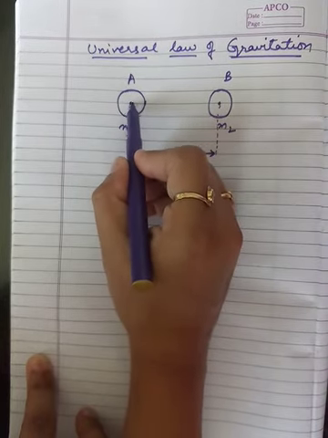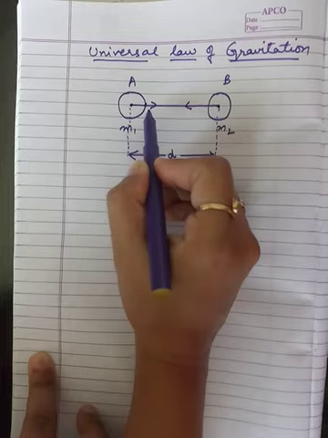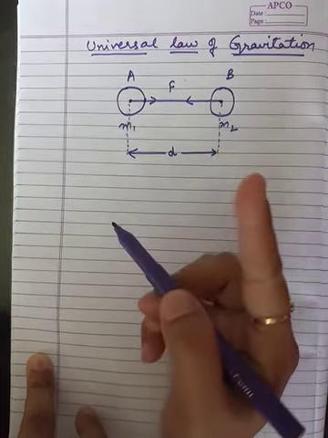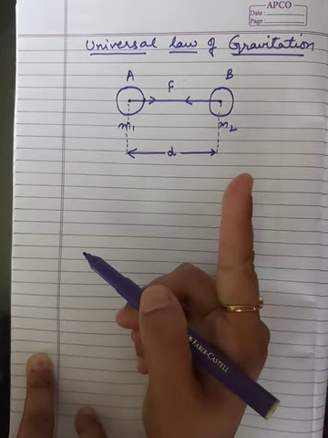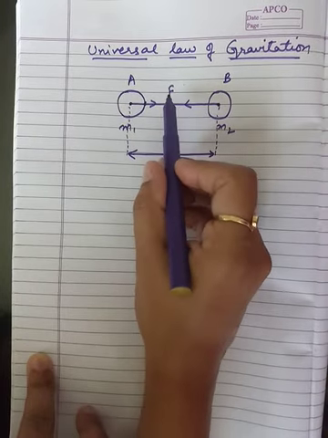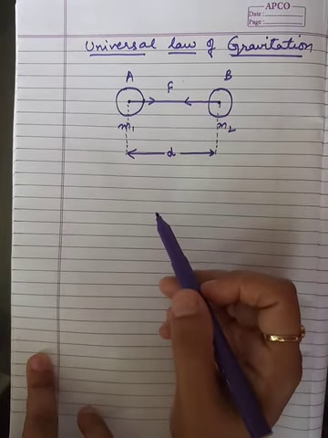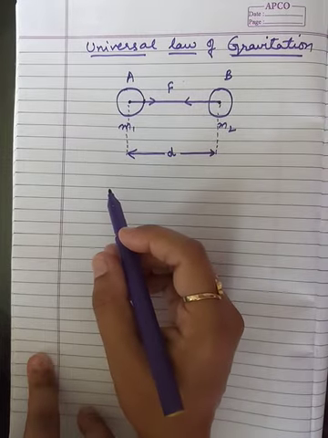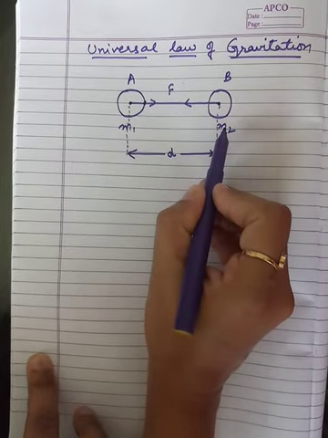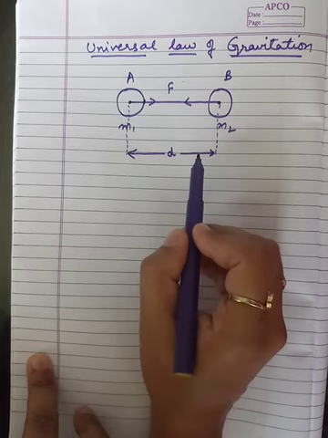The force of attraction between these two objects is always shown by these two arrows towards each other. Gravitational force is always an attractive force, not a repulsive force. So the attractive force between these two objects will be F. This force between any two objects in this universe is directly proportional to the masses of these two objects and inversely proportional to the square of the distance between these two objects.